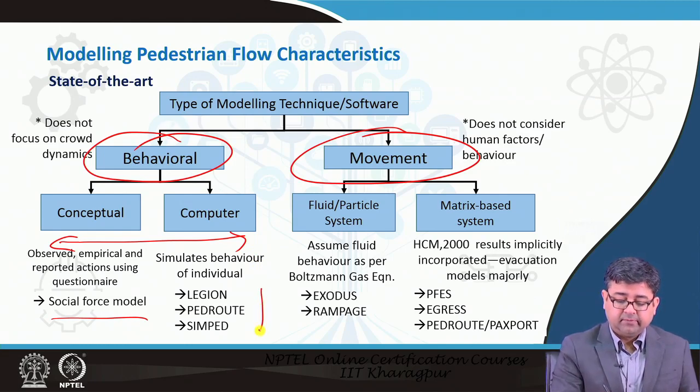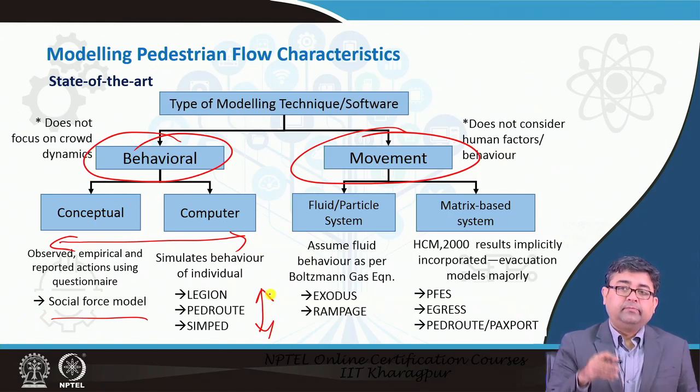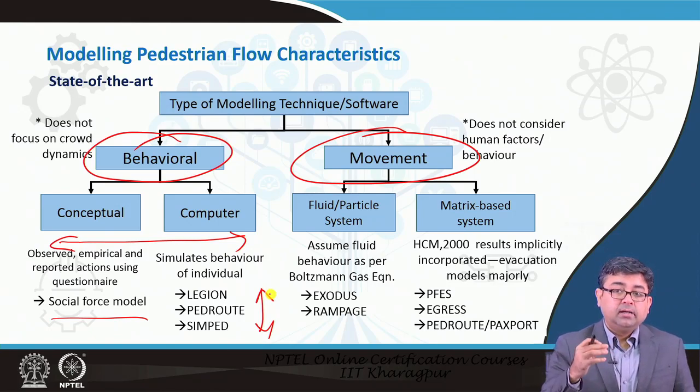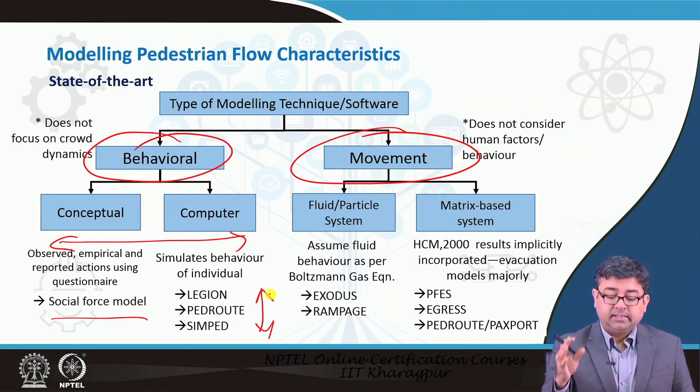You have different kinds of software, Legion, PedRoot and SimPed, that do that. So, there are modeling techniques or software available that model individual pedestrian behavior, but they are all based on those three flow parameters: flow, speed and density.